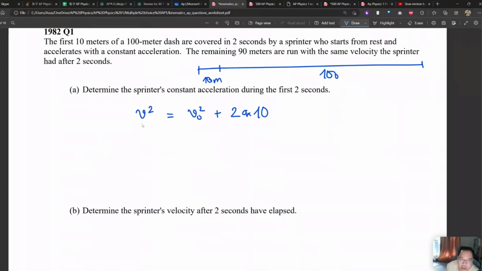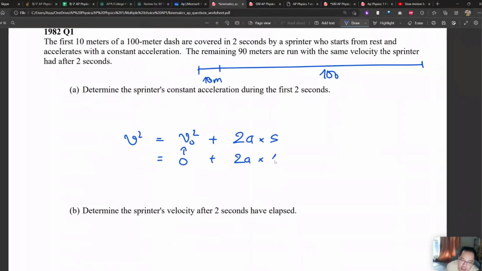Okay, but the final velocity can be calculated. V final squared equals V initial squared plus 2 times her acceleration and the distance she moved, 10. The initial velocity here is 0, okay? The distance is 10 meters.